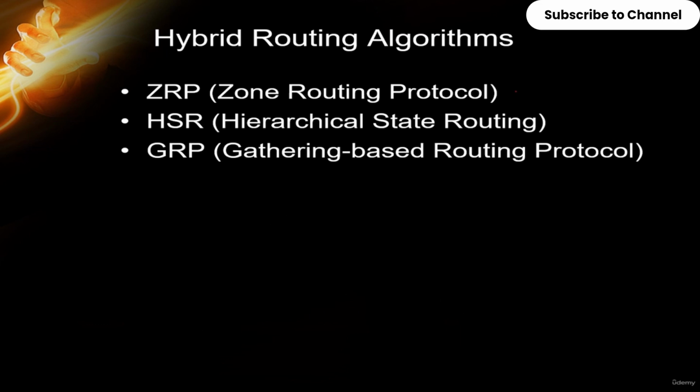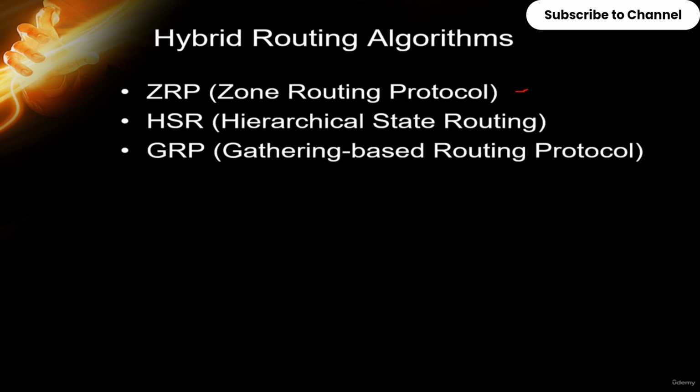It uses proactive routing within a local zone and reactive routing for interzone communications. The zone radius defines the radius of each zone, local routes are maintained proactively within the radius, and scalability is offered by reducing the control overhead, which combines the concepts of proactive and reactive protocols.